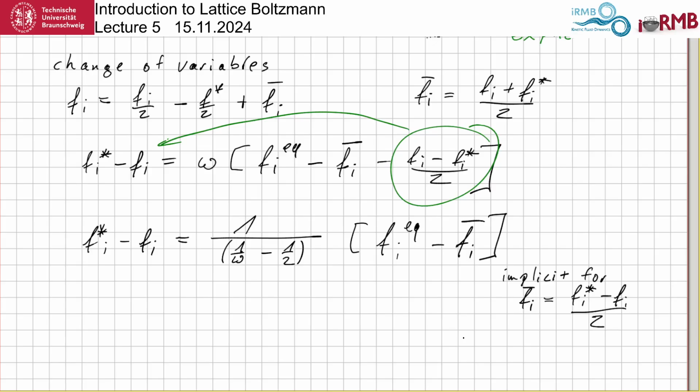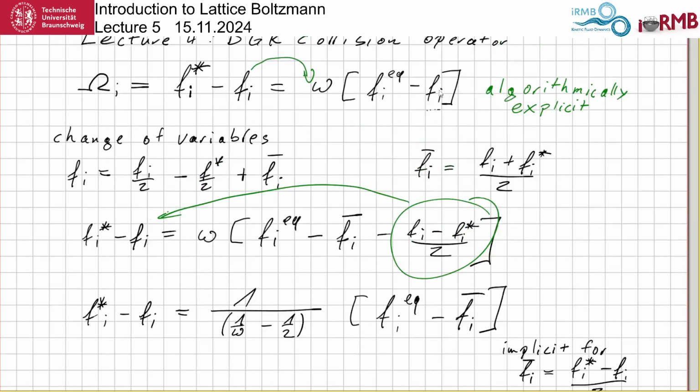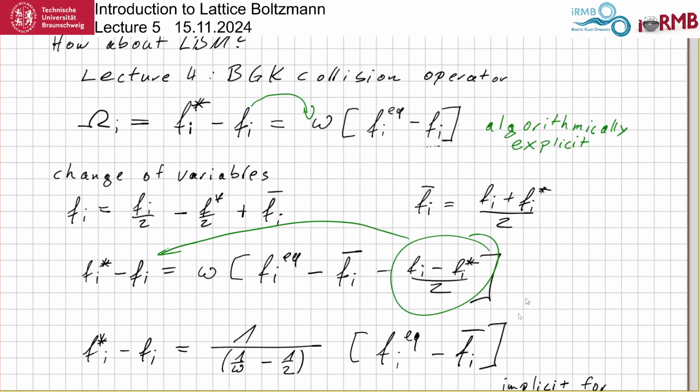This equation actually is implicit, because this Fi overbar contains the F star, which we don't know, which we want to calculate in this way. But we have not changed what we are actually doing, right? We still do this up here. We just rewrite it in the form of the equation that we actually want to solve.